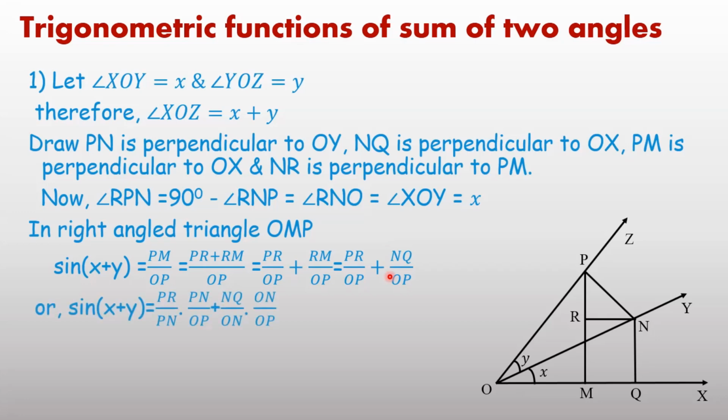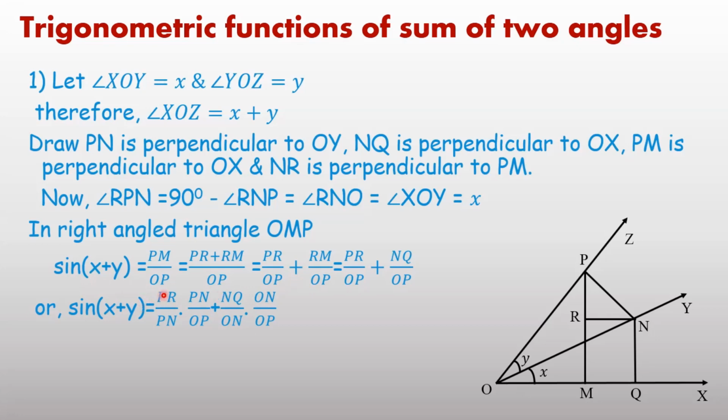Now next step. Since PR upon OP is written, just concentrate on PR. PR is part of this right angle triangle PRN. And angle P is X. For X, it is the base, then hypotenuse is PN. So divide by PN and multiply by PN.